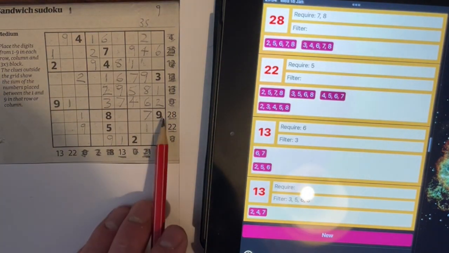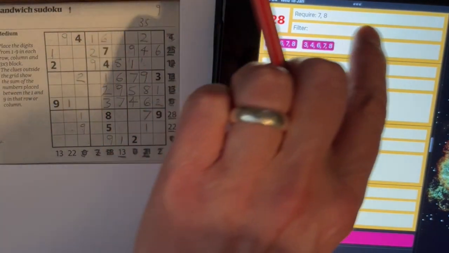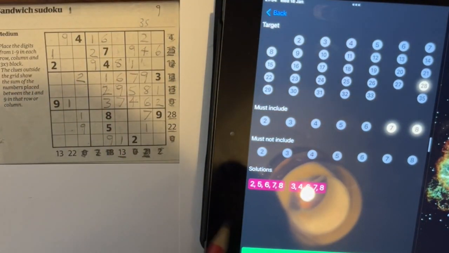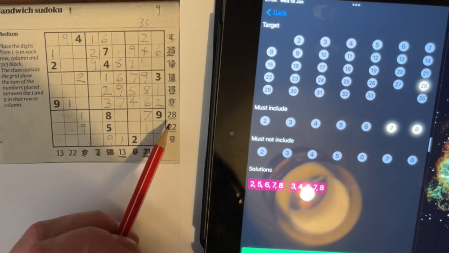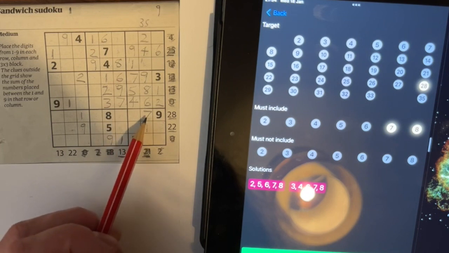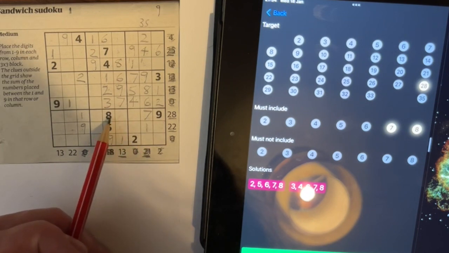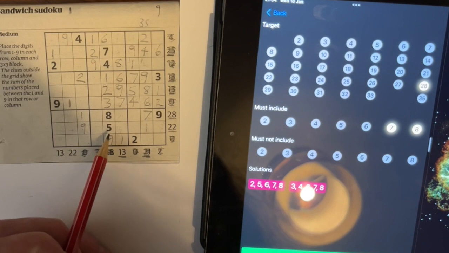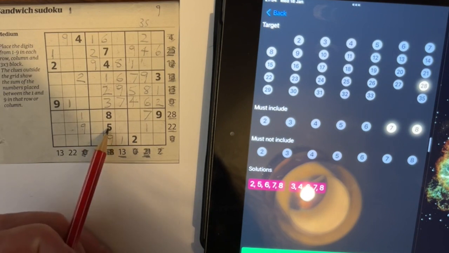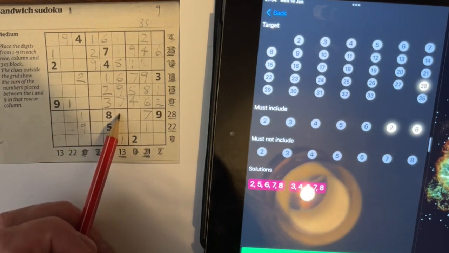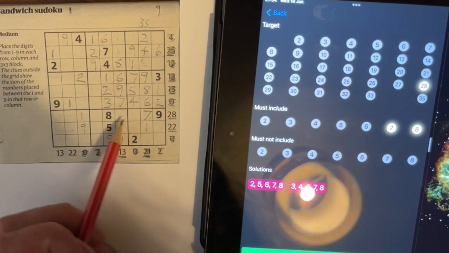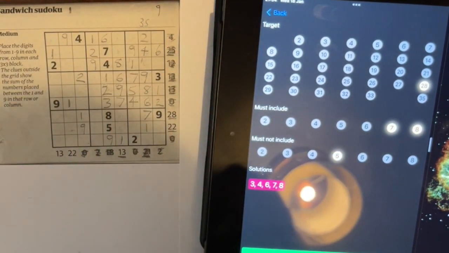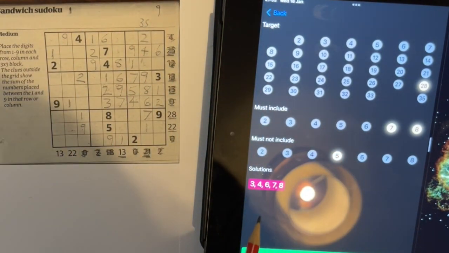And I just wanted to look at this 28 as well. Take another look at this 28, because there is some sneaky things we can do. We said it must include the 7 and the 8, but there's some things it can't include, because we have the 5 here, so there can't be a 5 there or there, and there also can't be a 5 there, so we can say must not include a 5, and that gives us the final combination, which it must be.